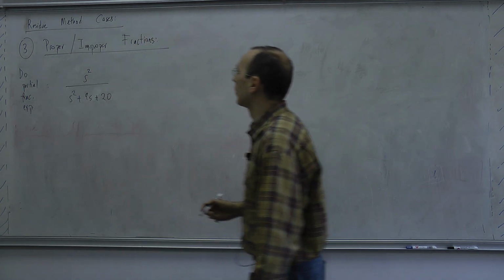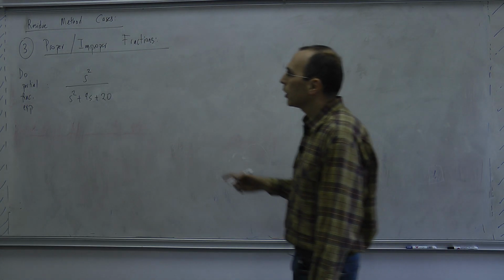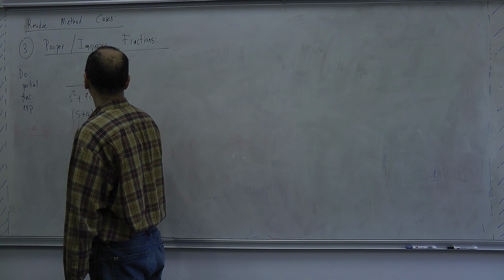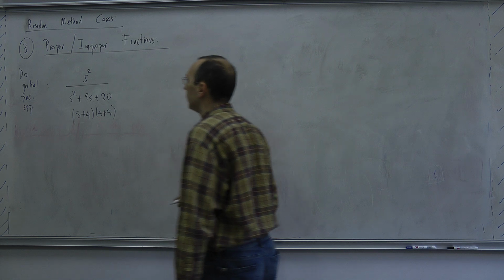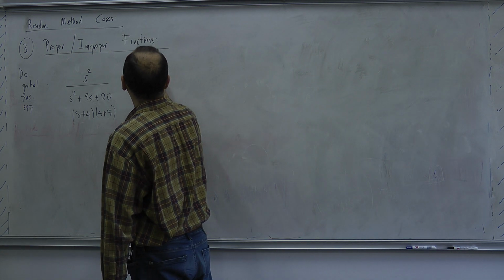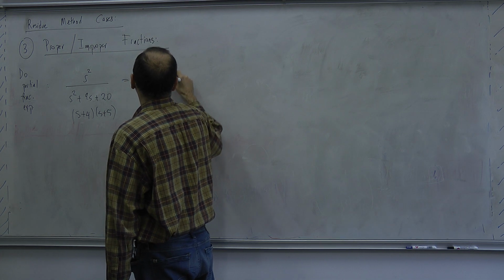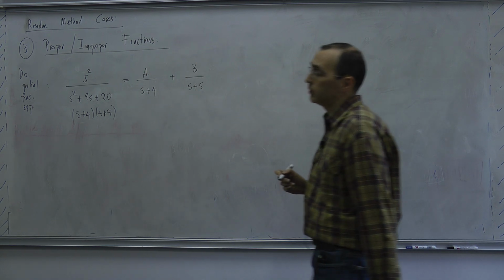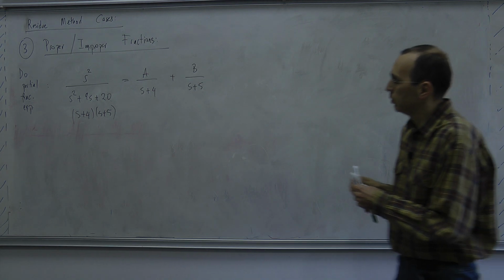Okay. So how can I do this? Now you can say that, okay, this is (s plus 4)(s plus 5). Now we can say that rather easy. I have this thing, not repeated, real valued poles.